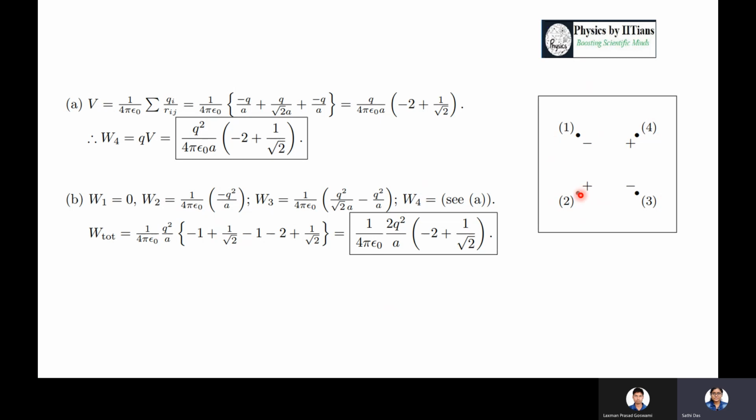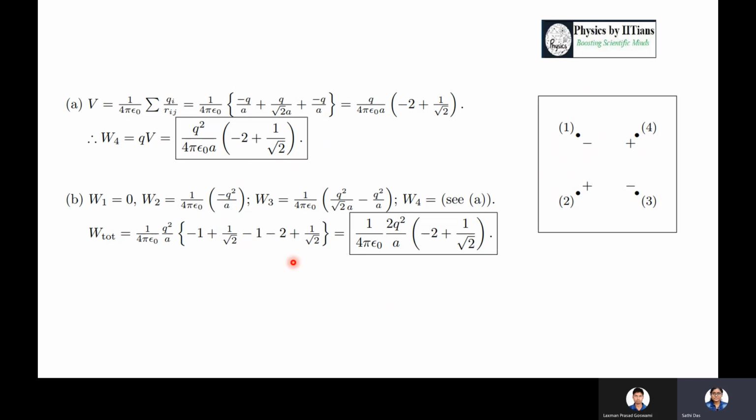Okay, so 2 on 1 will be minus q square by a, and 3 on 1 will be plus q square by root 2a. And for the fourth charge, we have already found out that it will become q square by 4 pi epsilon naught a, times minus 2 plus 1 by root 2.